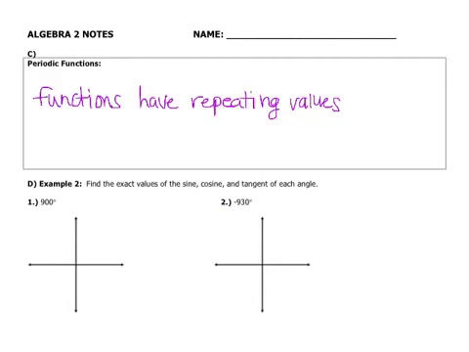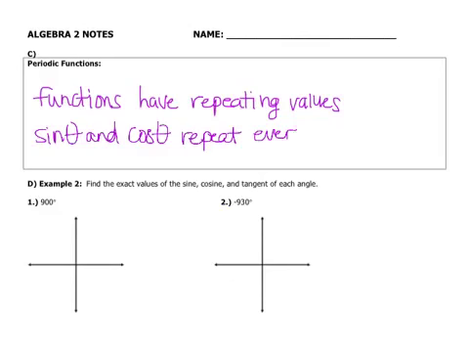Not just within one unit circle. Every 360 degrees, that's what I'm looking for. So we said sine of theta and cosine of theta repeat every 360 degrees. 360 degrees is what we call the period.